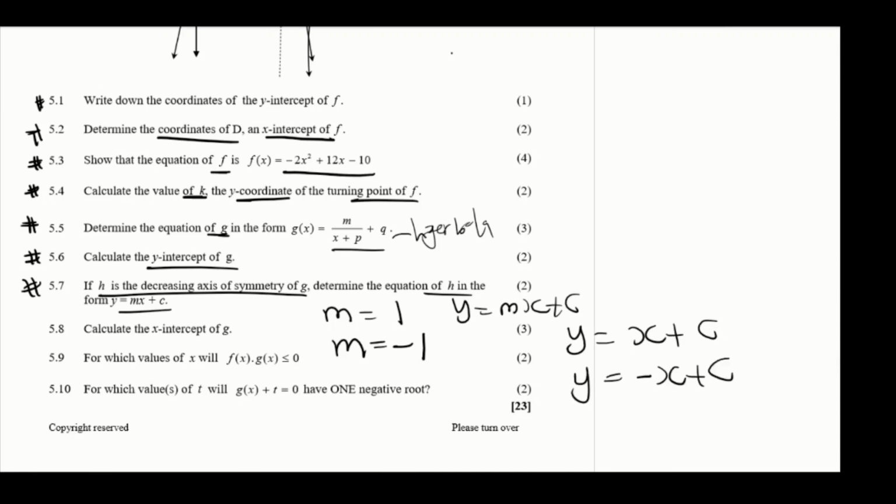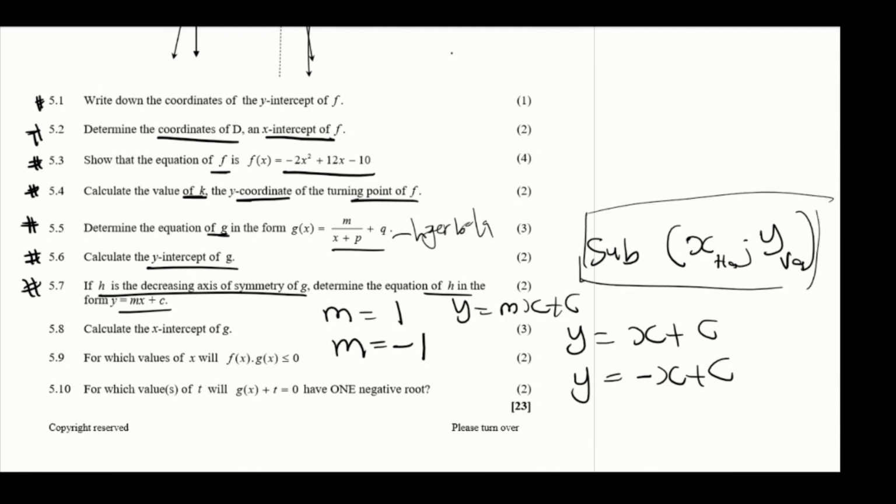To find the value of c, we always have to substitute the coordinate of the asymptotes, the horizontal asymptote coordinate and the vertical asymptote coordinate, so that we can complete finding the equation of our axis of symmetry.